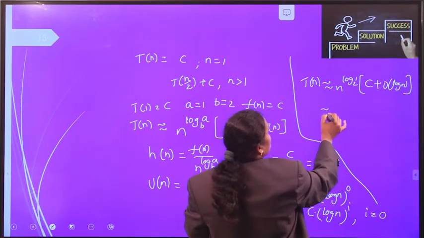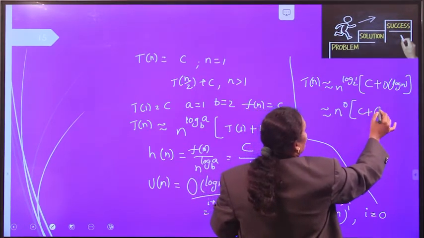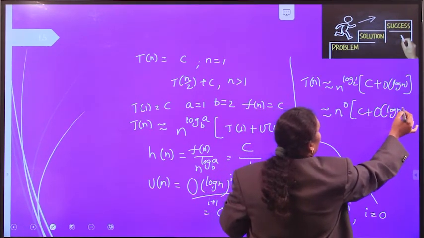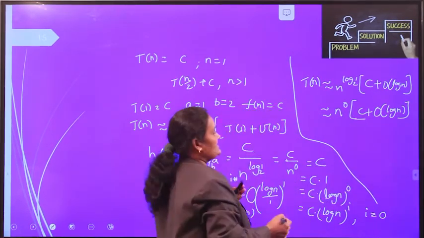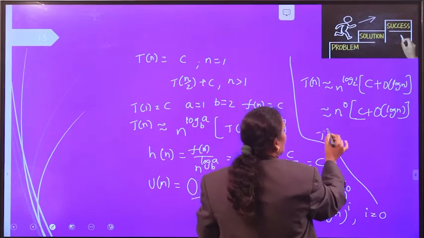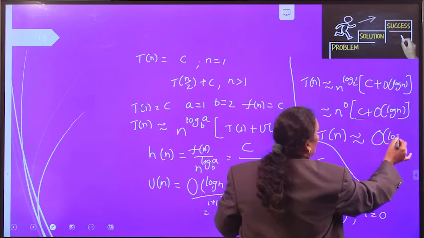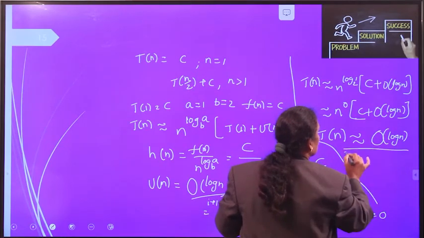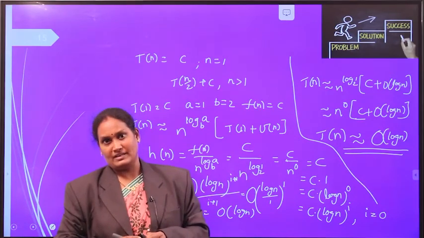This is equal to n power 0 into C plus big O of log n. Here C is constant, so I am omitting the constant, and n power 0 is 1. So the time complexity becomes big O of log n. The time complexity of binary search is big O of log n.